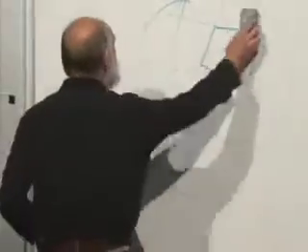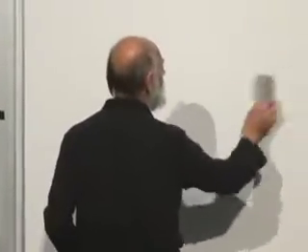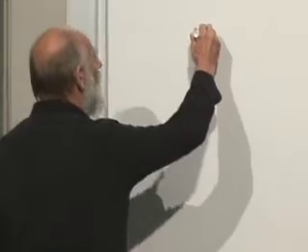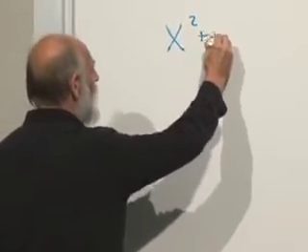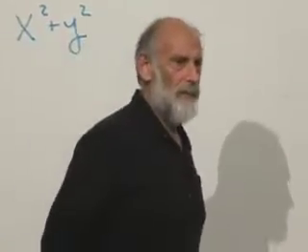Example, a function of two variables. Let's literally take an example. I want to minimize, I think, x squared plus y squared. Now, anybody can minimize x squared plus y squared.